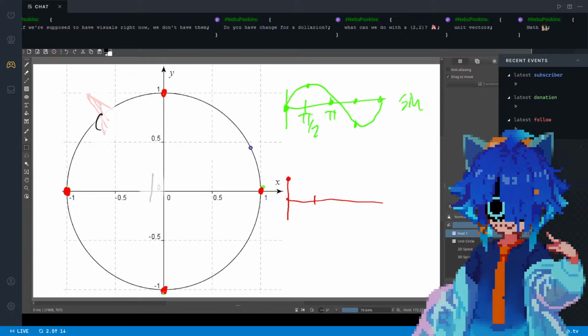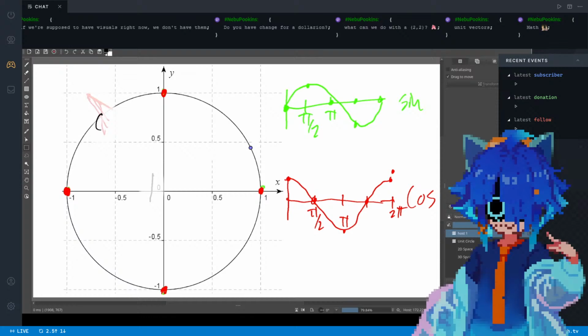And then at pi over 2, we come sliding down. And then at pi, we're down at the bottom. And then at another pi over 2, we're back at 0. And then at 2 pi, we're back up at 1. So it creates a very similar image to sine, just shifted over a little bit.